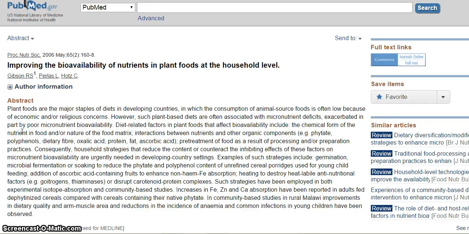Such strategies have been employed in both experimental isotope absorption and community-based studies.